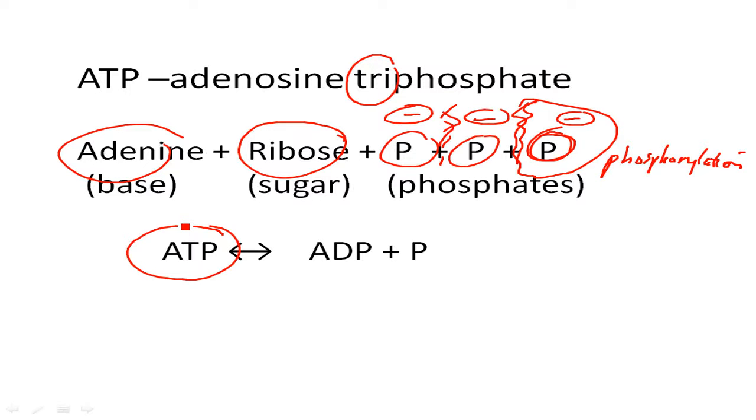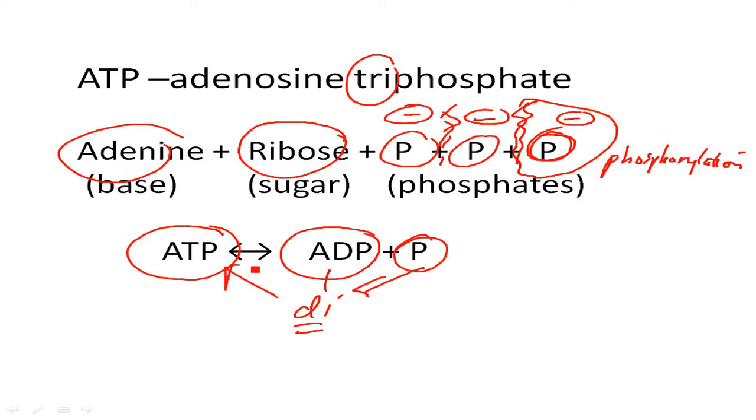ATP is considered a renewable resource. You can take ATP and break it down and use that phosphate for some cellular process, but then later on you can take what's left, this molecule right here, which is adenosine diphosphate. So di tells you that it only has 2 phosphate molecules left on it. And you can take a phosphate and add it back to that molecule and make ATP.